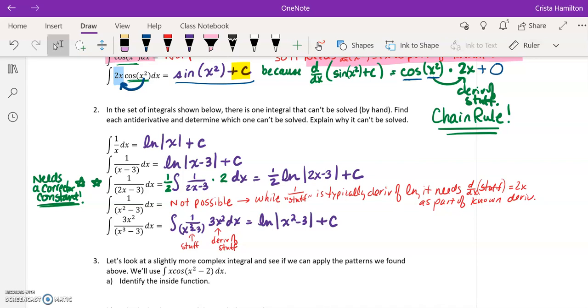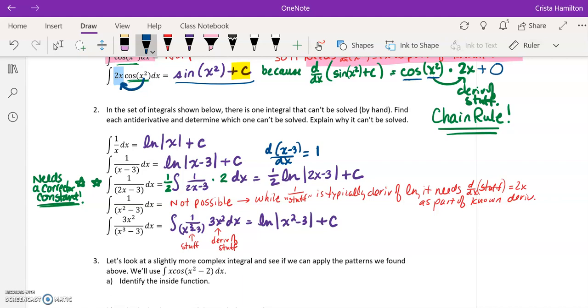As I'm looking through these, the first one was not too bad, and I'm going to start to show you a little bit about why we do this kind of u substitution. In my head, I'm thinking about the derivative of the stuff. What is the derivative of this x minus 3 with respect to x? In this case, it's 1.